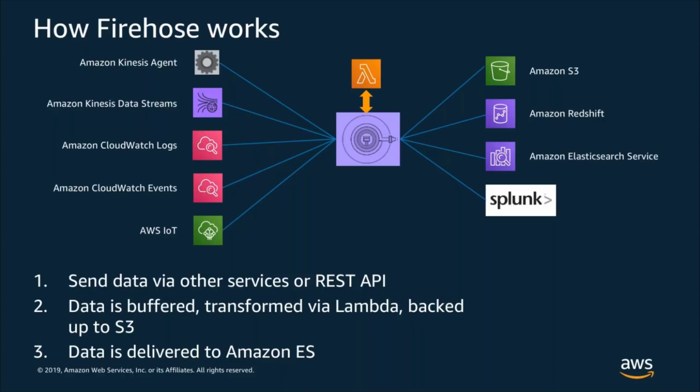And then on the other end, Firehose delivers directly to either S3, RDS, Elasticsearch Service, or Splunk. And we'll get into more detail, but again, this is a delivery that has backoff and retries and buffering and error handling. So it is a reliable way to get data into Elasticsearch Service.